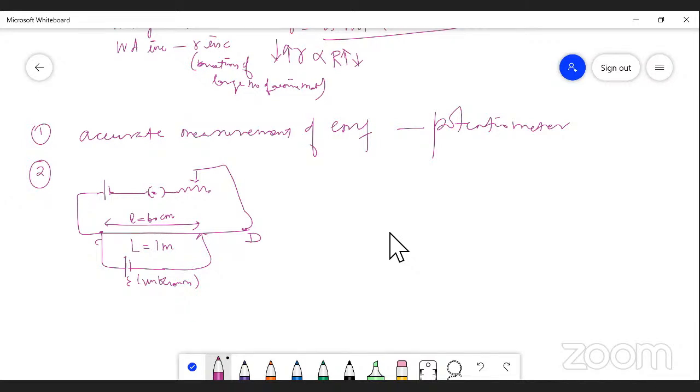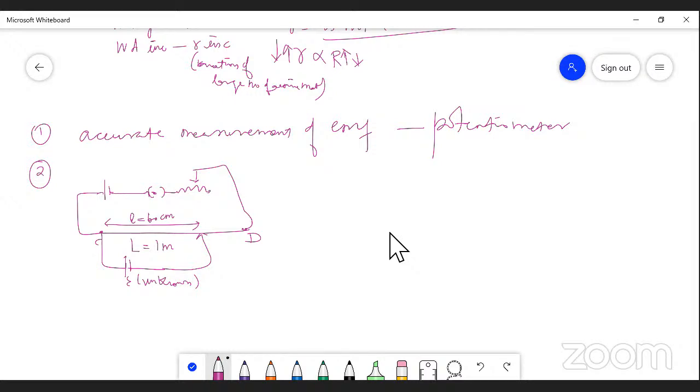While a 3-volt battery is balanced at 45 centimeter length. They are saying that for a cell of unknown EMF E, the balancing length is 60 centimeter, and for a known voltage source of 3-volt battery, it is balanced against 45 centimeter length.